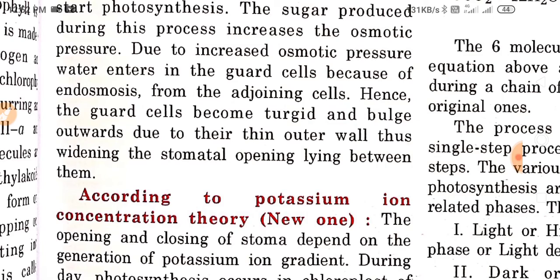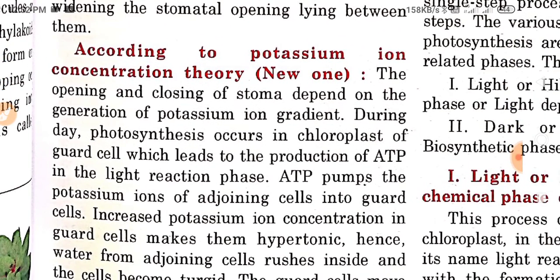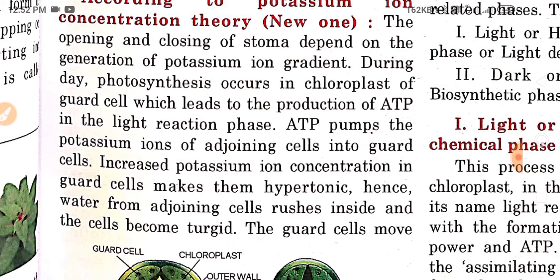One more theory is there, the potassium ion concentration theory. This is the new theory. The opening and closing of stomata depend on the generation of a potassium ion gradient. During the day, photosynthesis occurs in the chloroplasts of guard cells, which leads to the production of ATP in the light reaction phase. ATP pumps the potassium ions of adjoining cells into the guard cell.